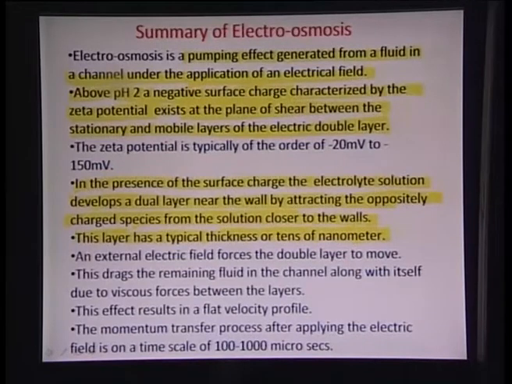In this situation, if you apply an external electric field, it forces the double layer to start moving. The ionic forces generated by the external field do away with the holding force, or the viscous forces, in between the layers, and it causes shear of this fluid along the double layer.